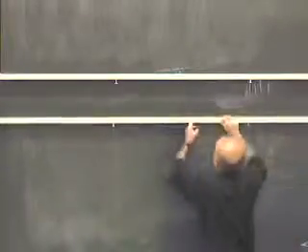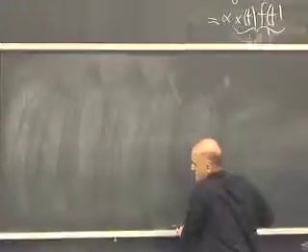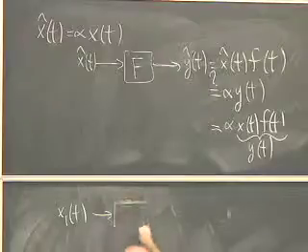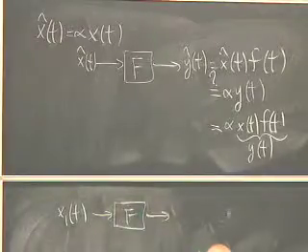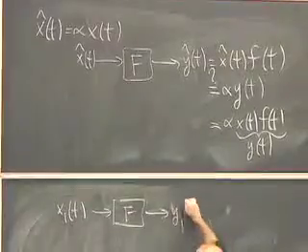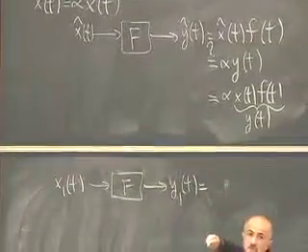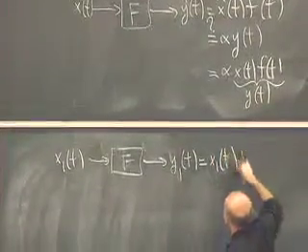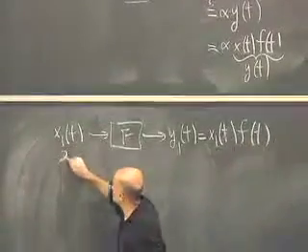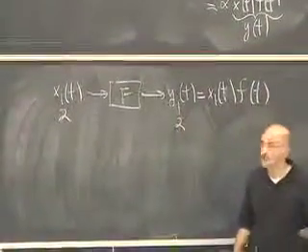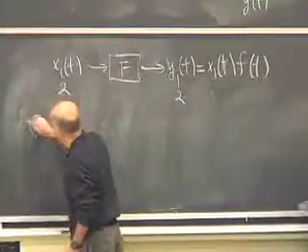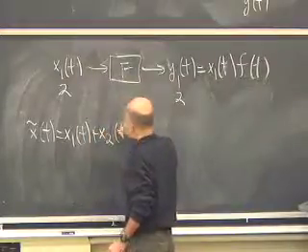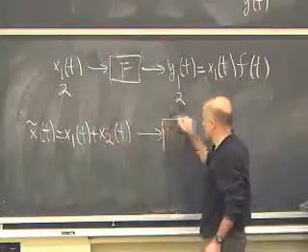So if I send an x1 into the system, what do I get? y1, which is x1 of t times f of t. And the same for x2. Now what happens when I send in x tilde of t, which is x1 of t plus x2 of t? I send that into the system.